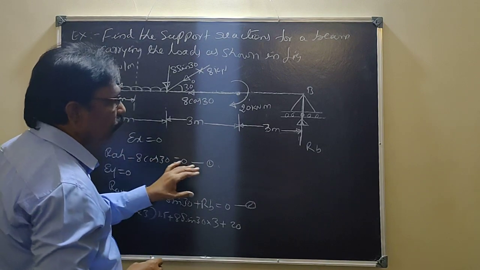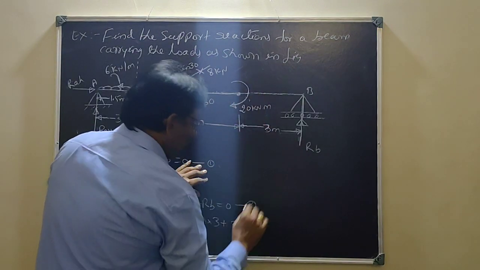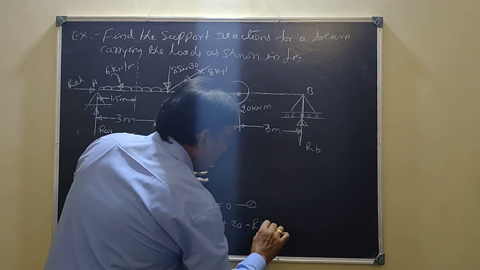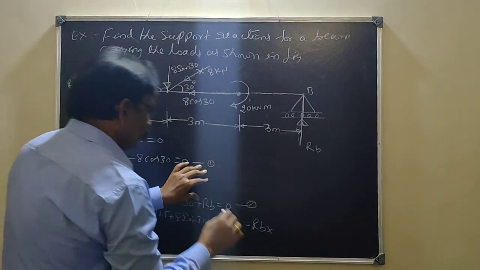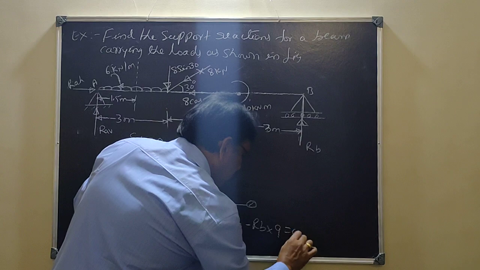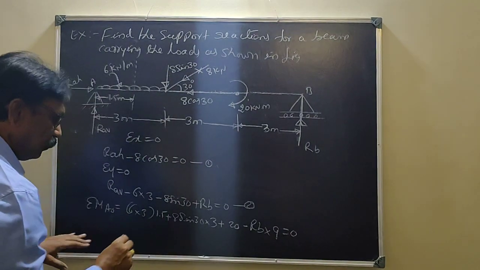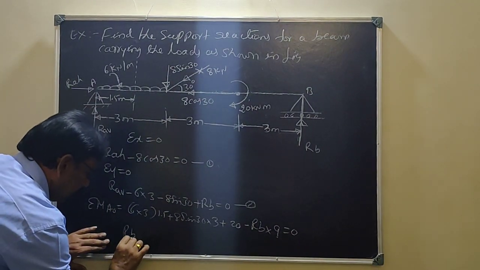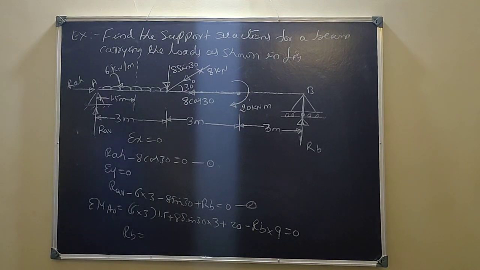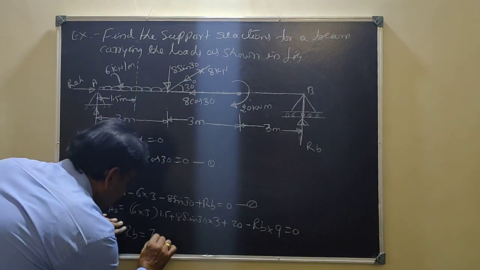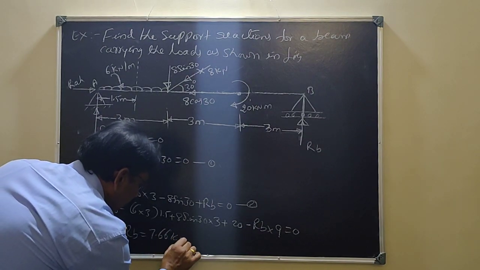It is clockwise, so positive. But RB causes an anti-clockwise moment, RB into the total distance of 9. So this must be equal to 0. On simplification you find that RB is equal to 7.66 kilonewton.